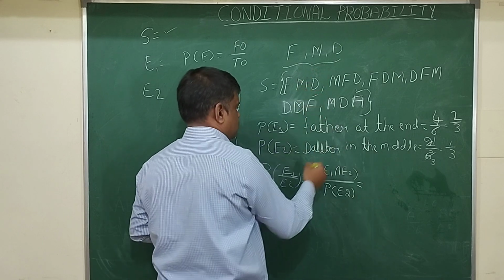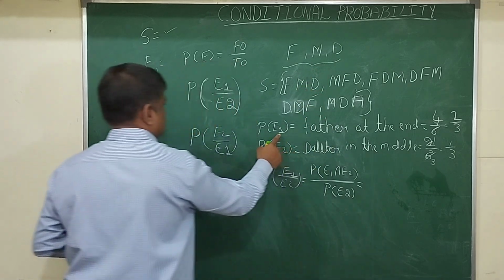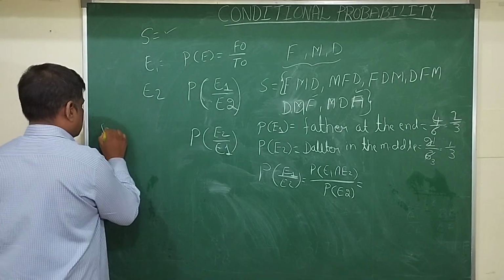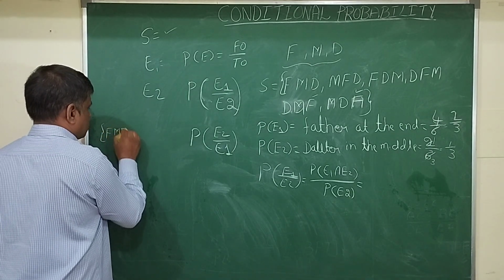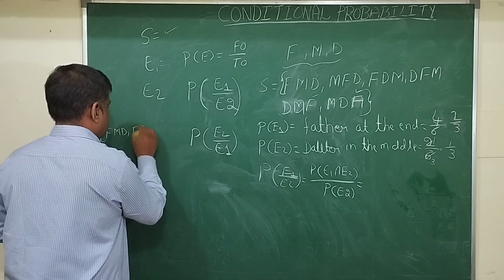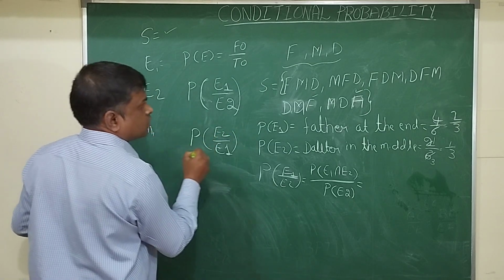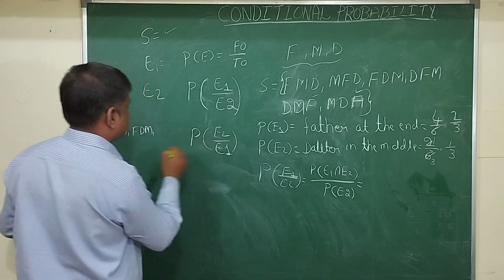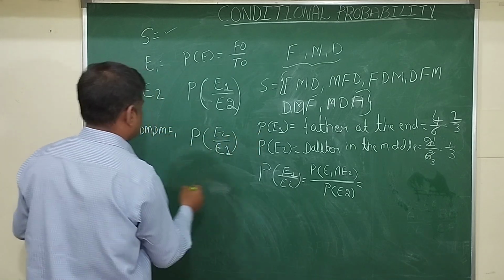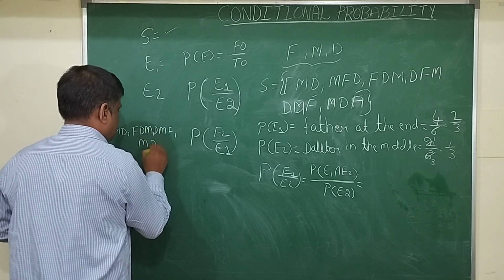Now take the sample space and write the outcomes. Father at the end: FMD and FDM, DMF and MDF.